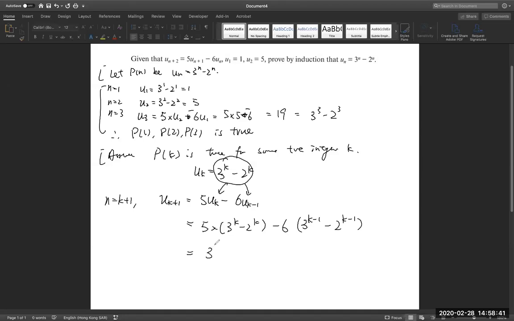So for 3 to the power k, it is 5 minus 6 times 1 over 3. And then minus 2 to the power k, 5 minus 6 times 1 over 2.